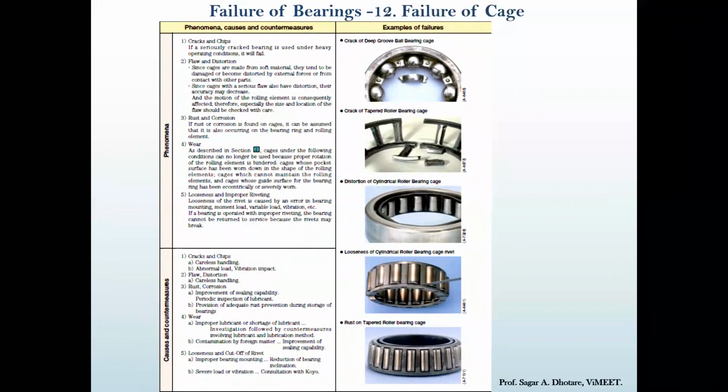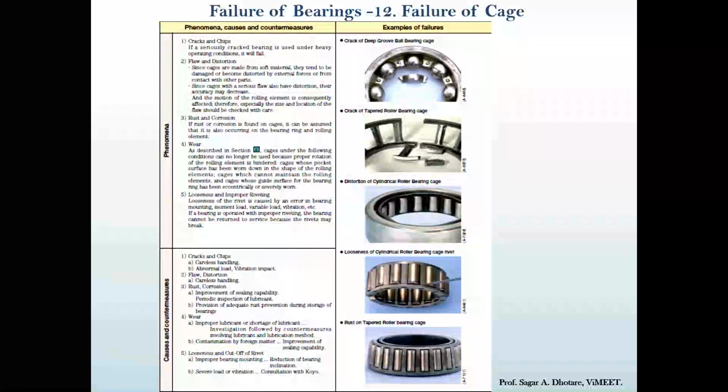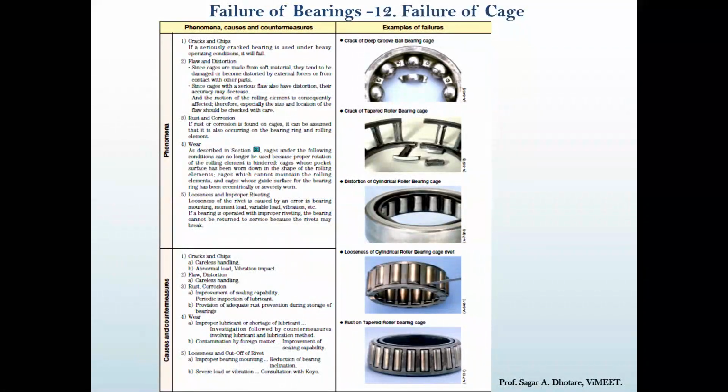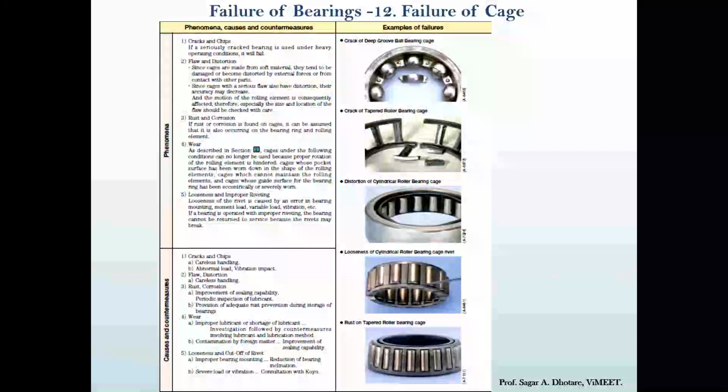About the wear: improper lubrication or a shortage of lubricant, which should be investigated, followed by a countermeasure involving the bearing and lubrication method. Because of improper lubrication, the wear can occur. Then when foreign particles are between the guideways or rolling ways, the wear can occur.